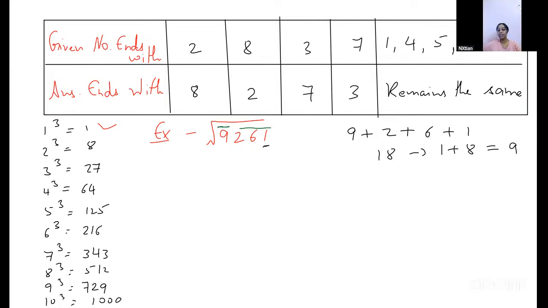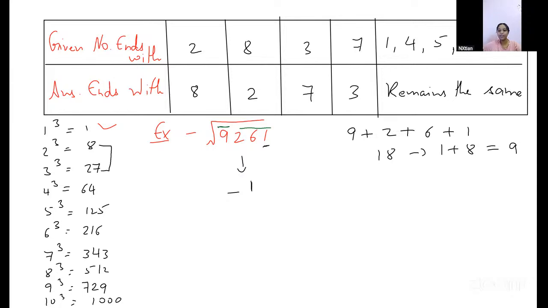That's right. Now 9 we have. Digi-root we did. Now we will make pair 261 and 9. So in 261, the unit place number is 1. For 1, the answer ends with 1 only. So you can put a dash and write 1. Then I have 9. 9 is coming in between 8 and 27.